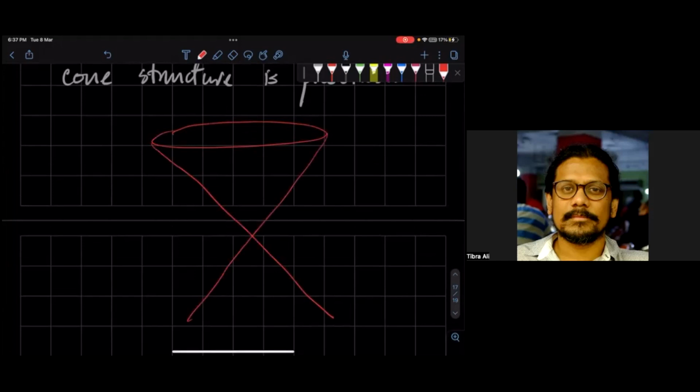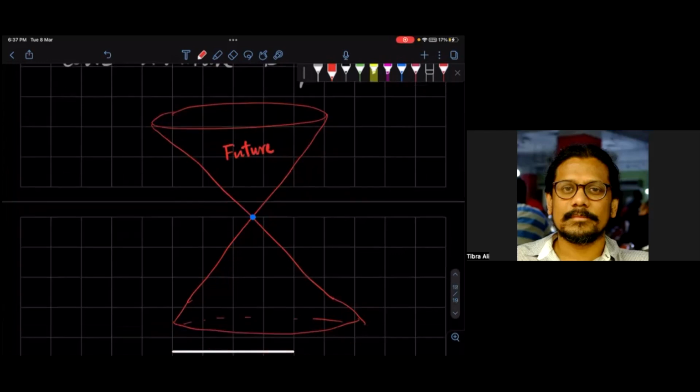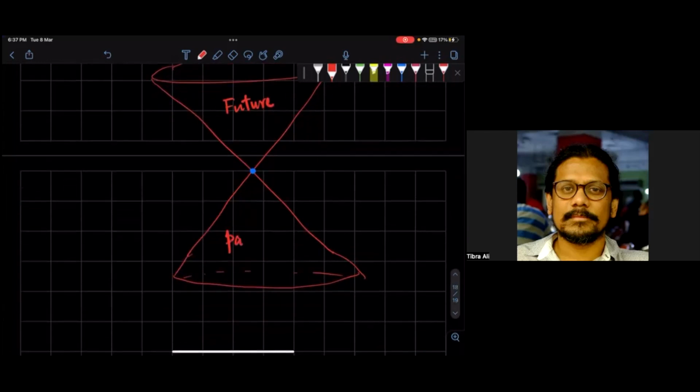If this is an event, then all the time-like vectors in the future light cone are called future, and all these points are called past. And this is neither past nor future, this is elsewhere.